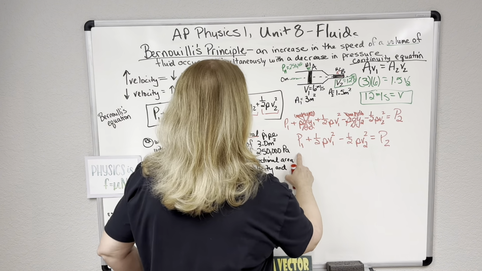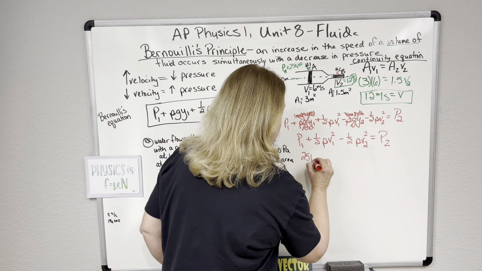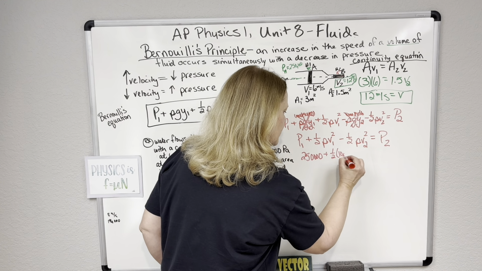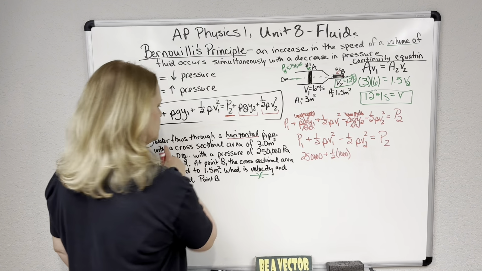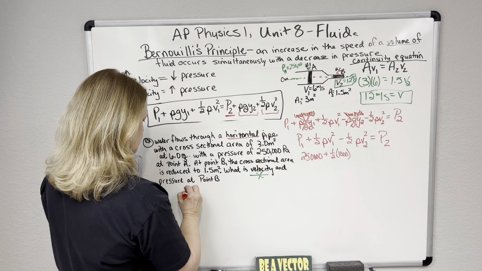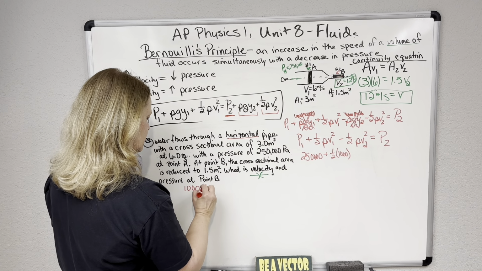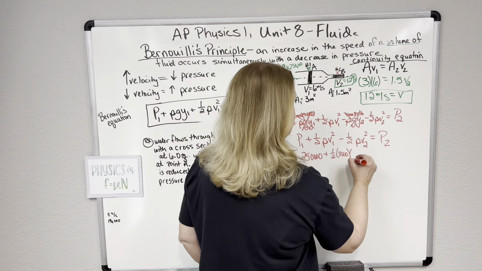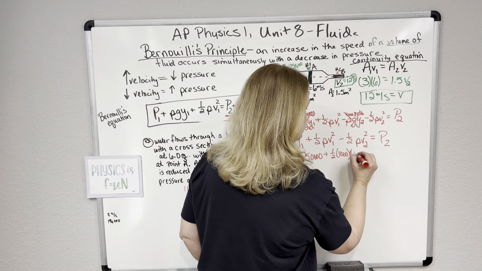All right, at 1, I've got 250,000 Pascal. My density is 1,000 because it's water, 1,000 kilograms per meter cubed.